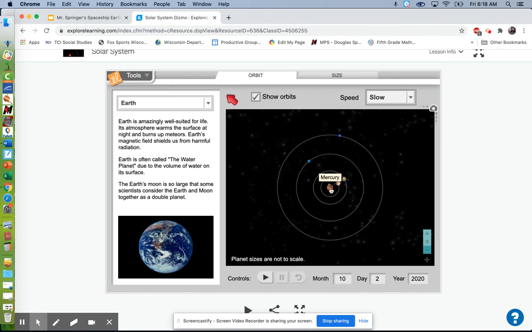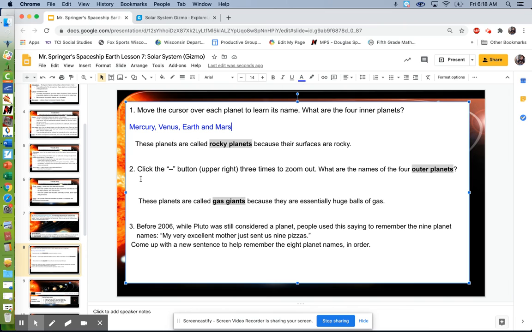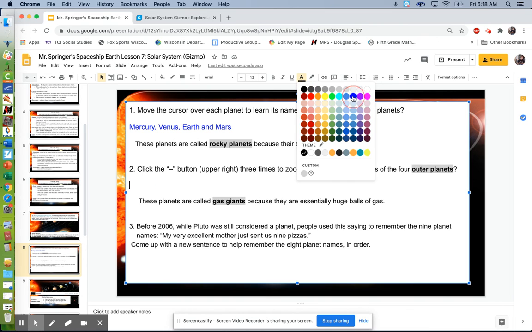Now, there's Mercury, Venus. So they're Earth, Mars. So they're Jupiter, Saturn, Uranus, and Neptune. Jupiter, Saturn, Uranus, and Neptune. Come back. Maybe change the color, text color.